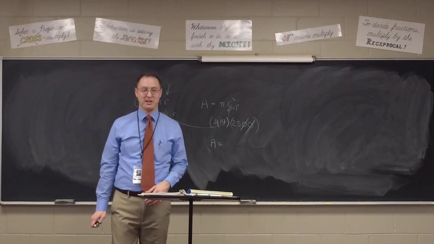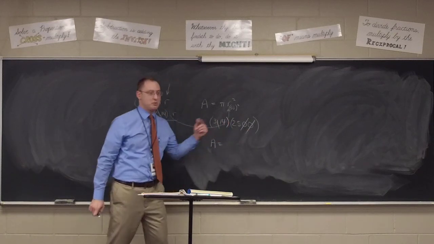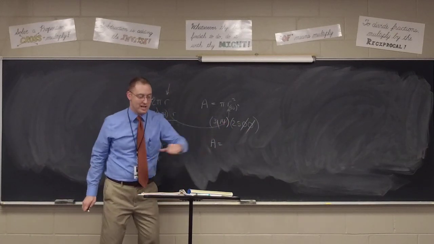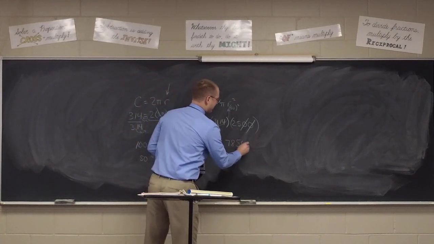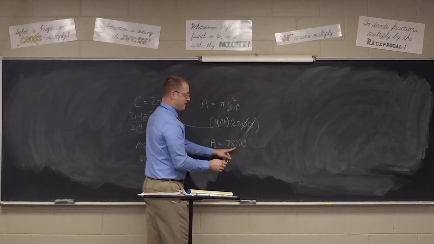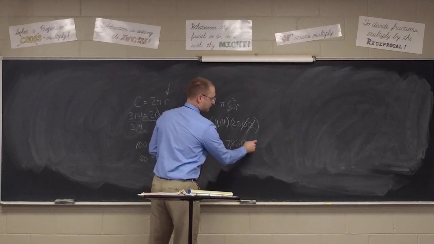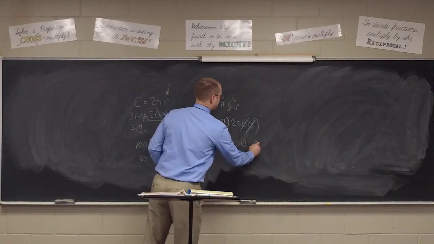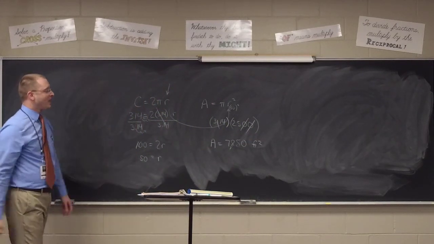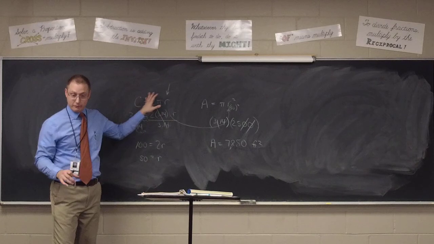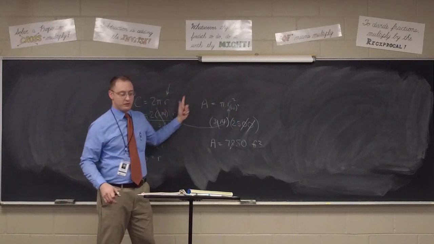Think about number 23, except there's 2 fewer decimal places. So tack on the 2 decimal places. 7,850. We just got 78.5, but with the 2 decimal places gone, that makes it 7,850 feet squared. So you got to cheat the system a little bit on that one. But do you see how you can actually go from circumference to area? Find the radius, and then use the radius to get the area.